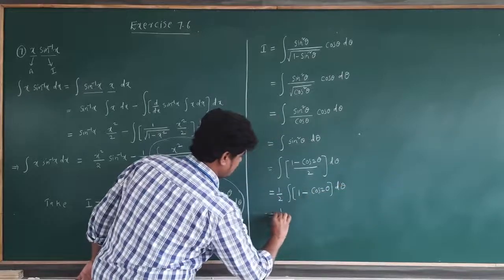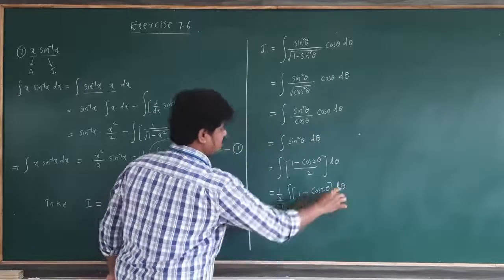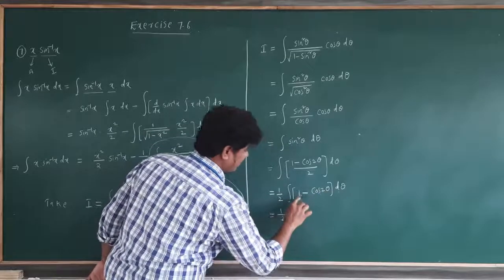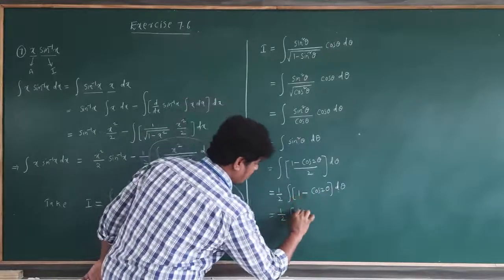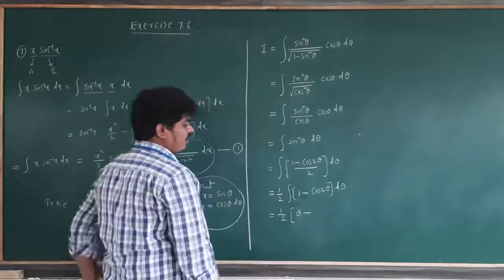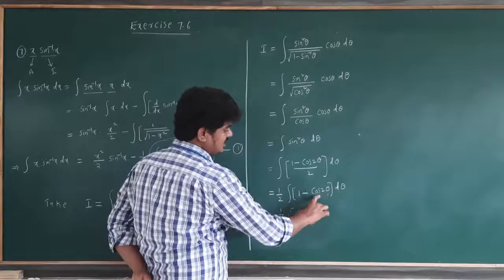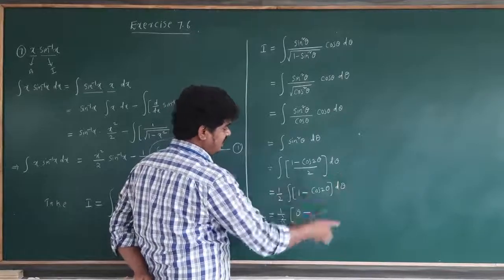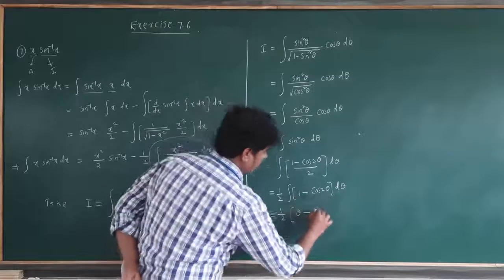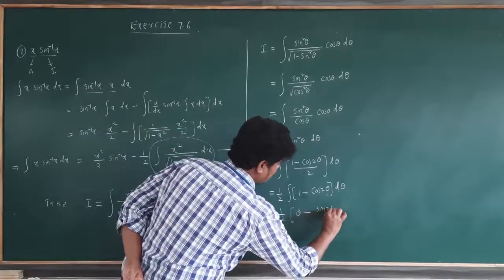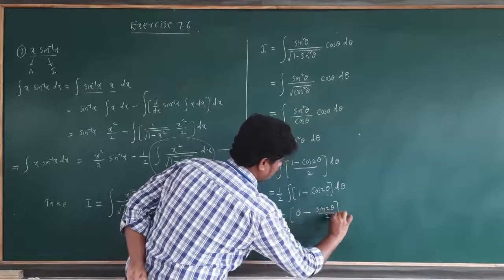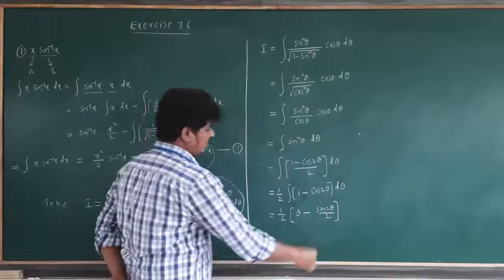Now what is the integral of 1 with respect to theta? That is theta, minus the integral of cos ax, which is sin ax by a. The integral of cos 2 theta is sin 2 theta by 2. Now if you want, add the plus c.